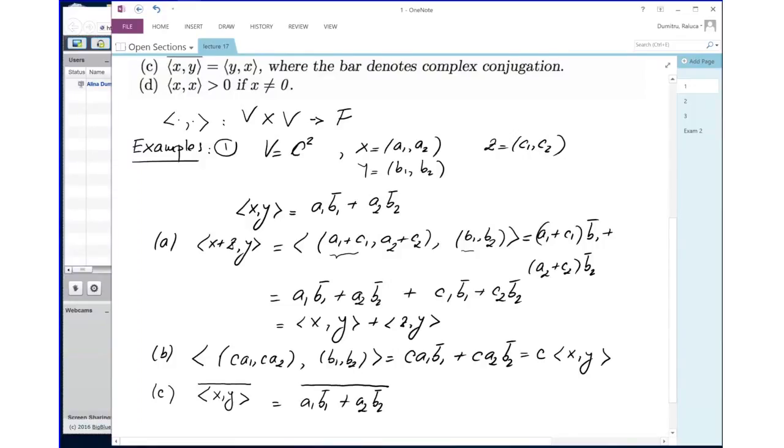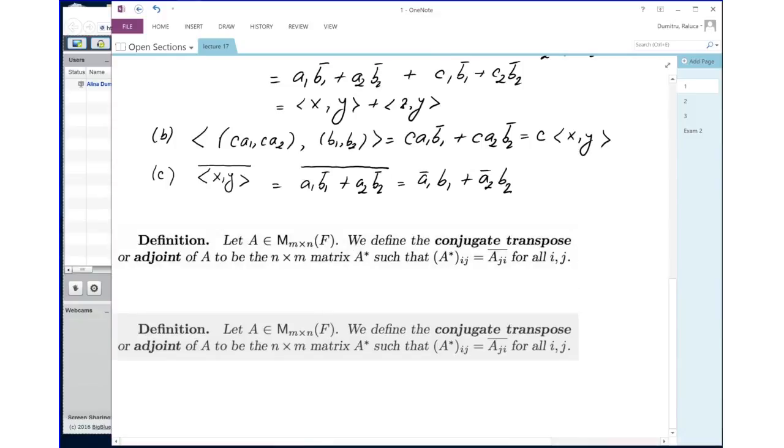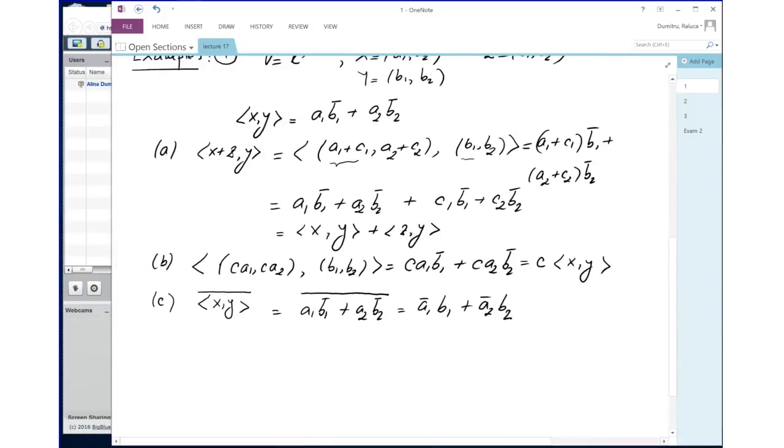That distributes right over sum over a product of complex numbers, so it turns into A1 conjugate B1 plus A2 conjugate B2. And that is, it's multiplication. I can look at it backwards, right? The inner product between y and x.